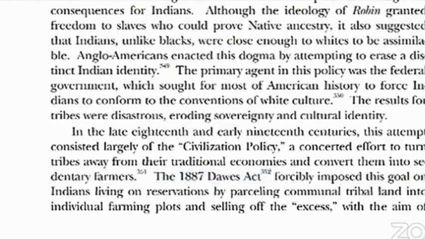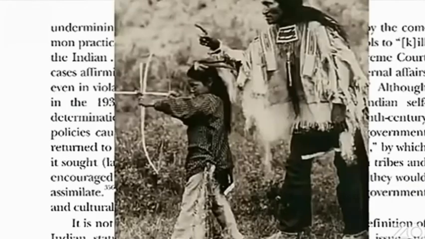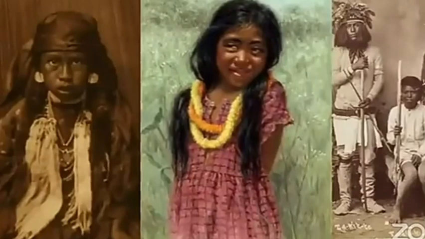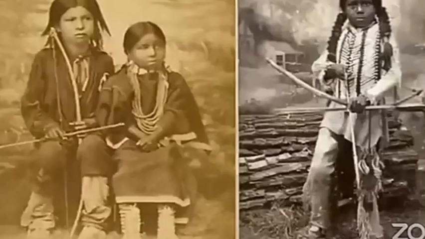By parceling communal tribal land into individual farming plots and selling off the excess, with the aim of undermining tribal identity. This policy was reinforced by the common practice of forcing Indian children into boarding schools to kill the Indian and save the man, they said.